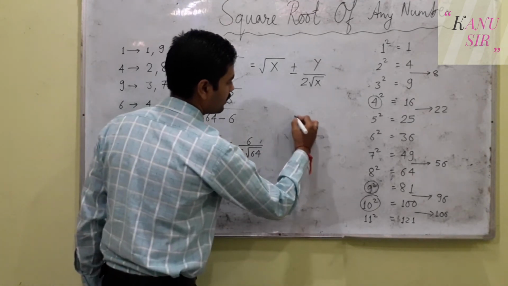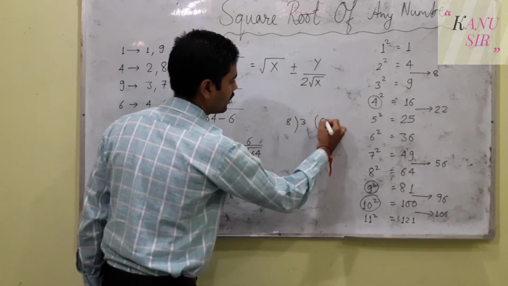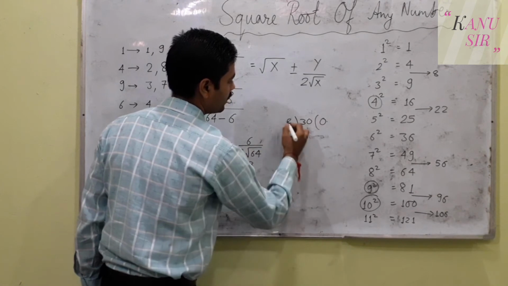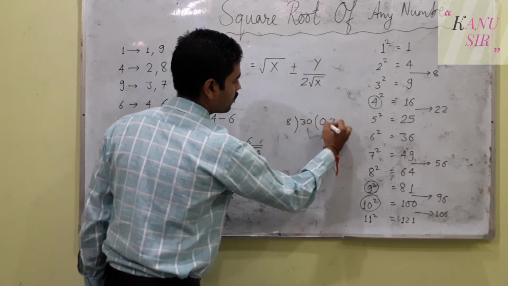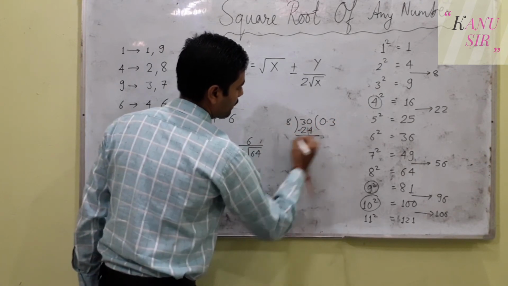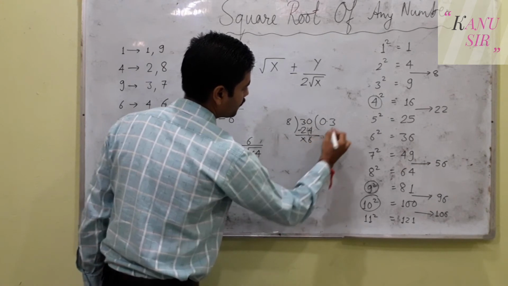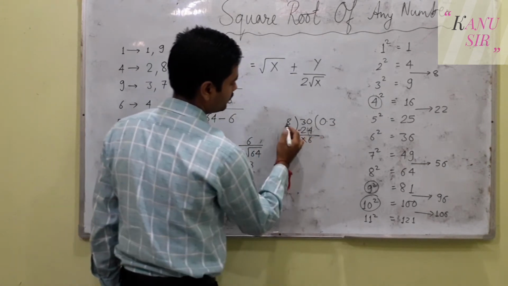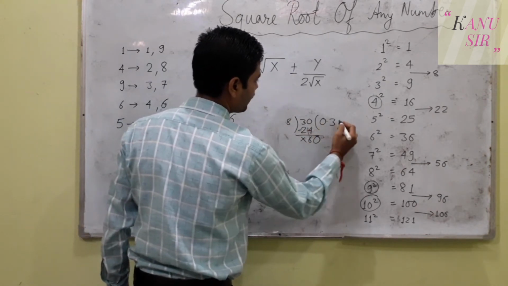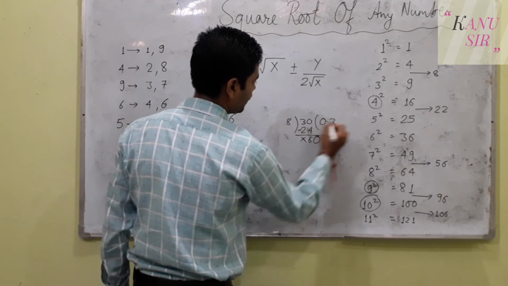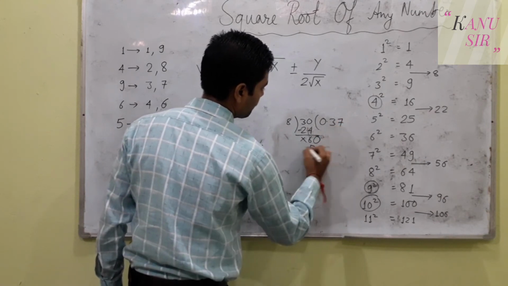Let us check 3 divided by 8: 0.0 comes here. 8 3s are 24, and you will get 6. And again you write 0, 8 6s are 48, 8 7s are 56.